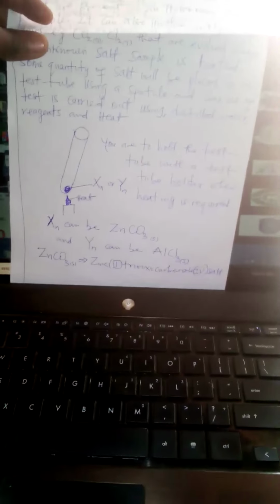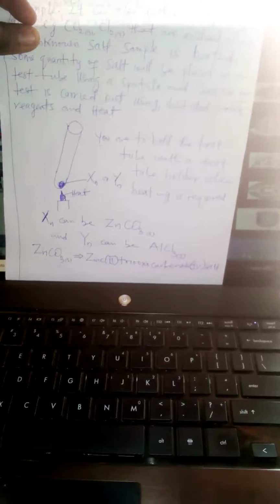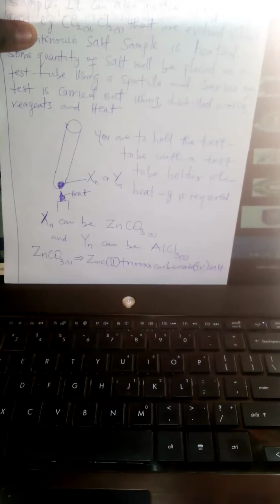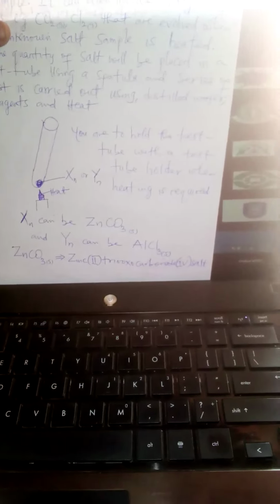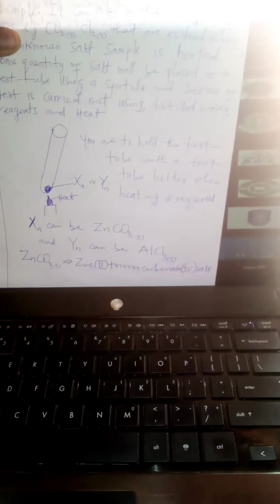So you are going to be given two salts. The first one will be XN, X subscript N, which can be zinc carbonate, ZnCO3. Then the other one will be YN, which can be AlCl3, that is aluminium chloride.